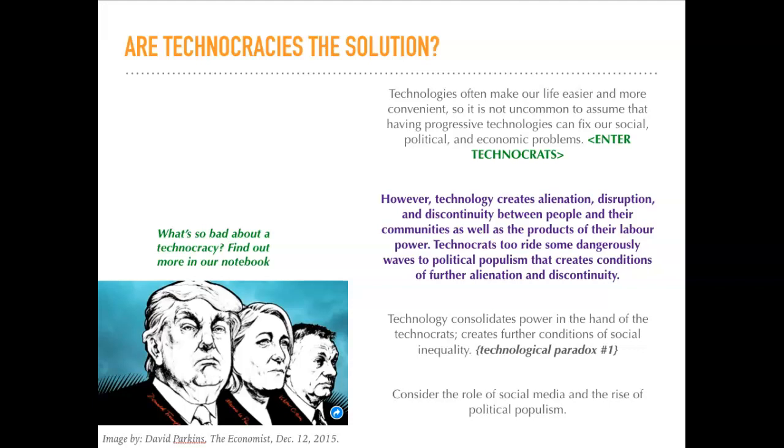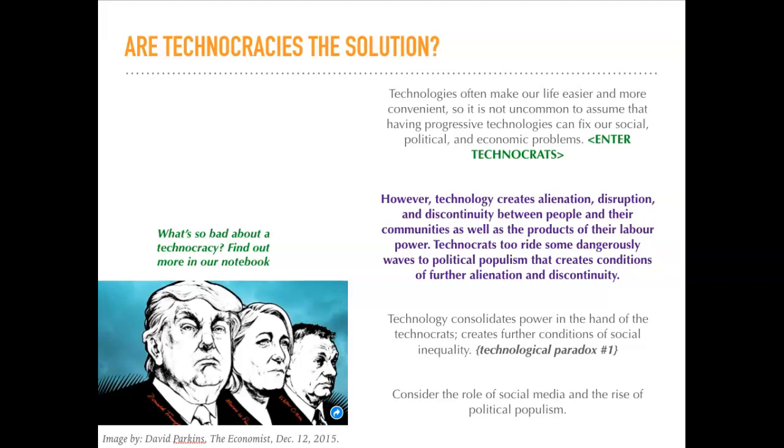technocracies began, this kind of movement began in the early 20th century, really about the mid-1930s in the United States, and over the course of the 20th and 21st century have spread worldwide.